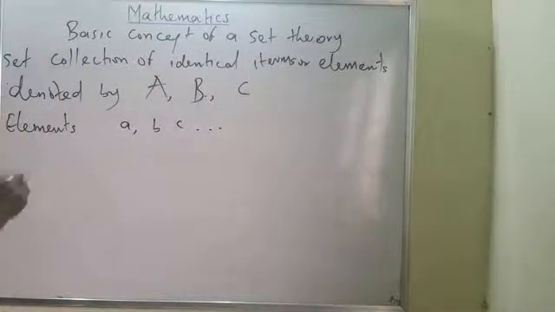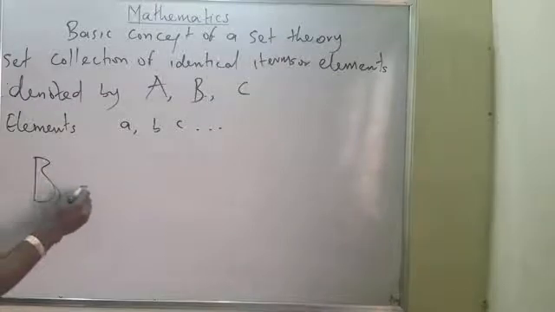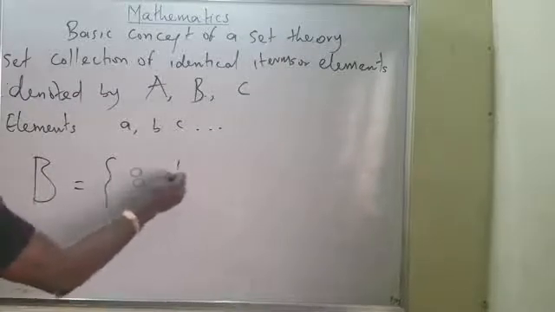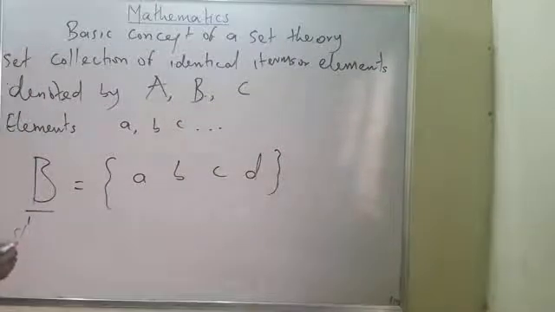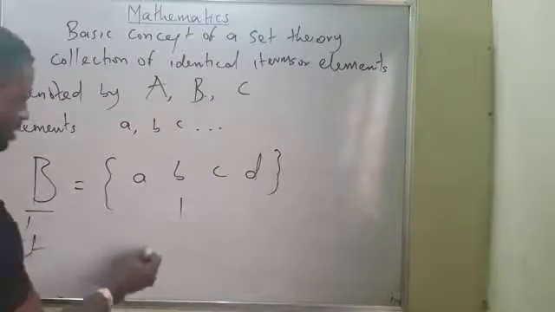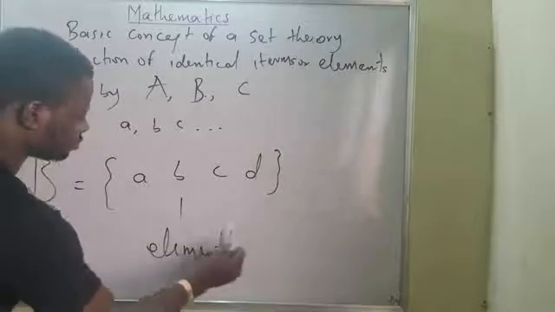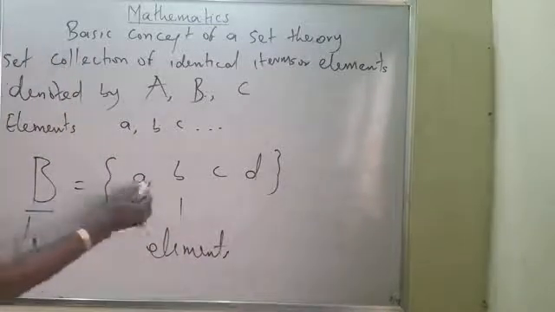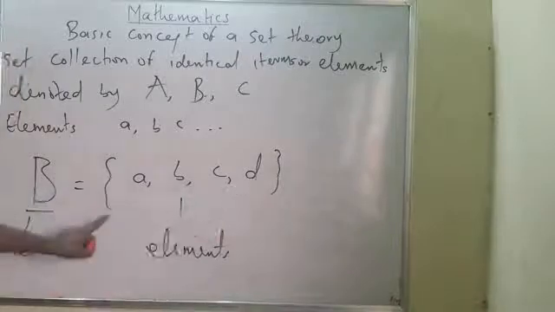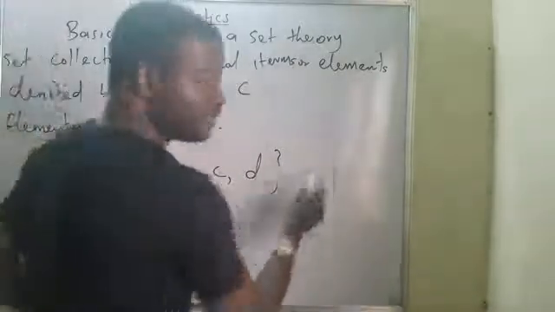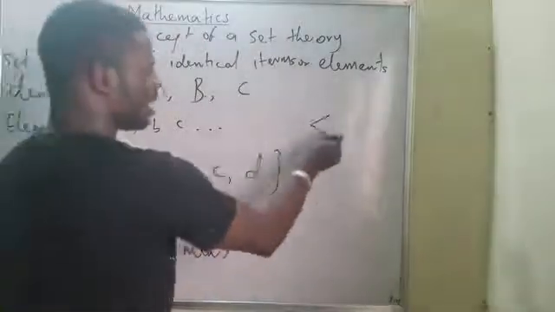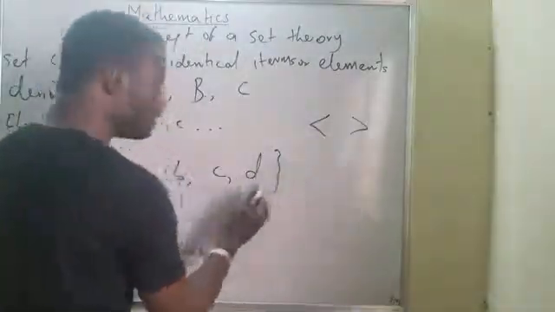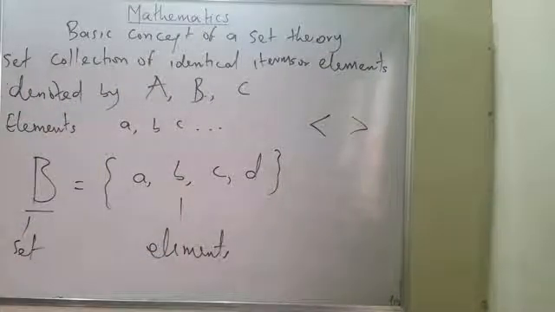When we talk about a set, it's always like this: a set B equals {a, b, c, d}. Can you see, this is a set and these are elements. On a set, we use this bracket. There are different brackets in mathematics: big bracket, small bracket, and so on, but this is called a curly bracket. That is what we use on a set.